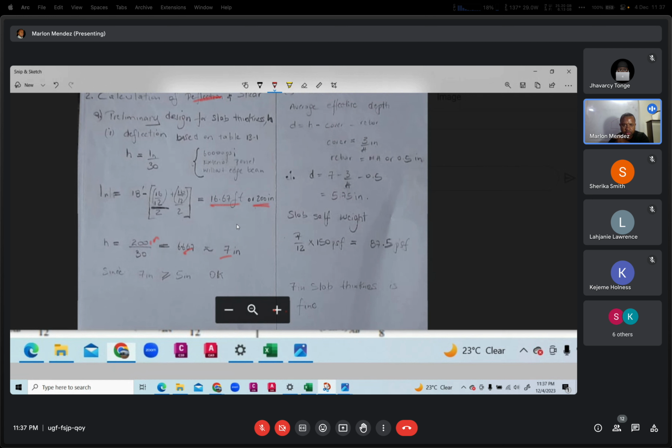If you were doing 33 internally, just for argument's sake, it would be 200 divided by 33 for the internal. Let me see, what would that be? 6.06, sir.